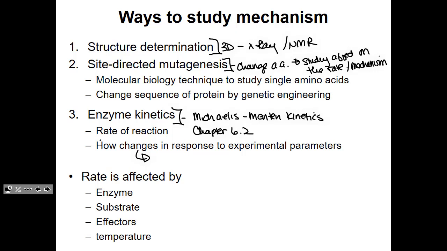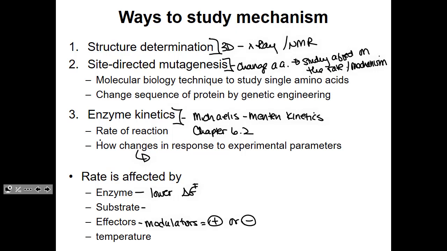All right, so rate is affected by the presence of an enzyme, by lowering the activation energy. We've already talked about that. By the presence of different substrates, we'll talk about. By the presence of effectors or modulators. Remember, these can be positive modulators or negative, which means they can enhance or actually inhibit the rate.